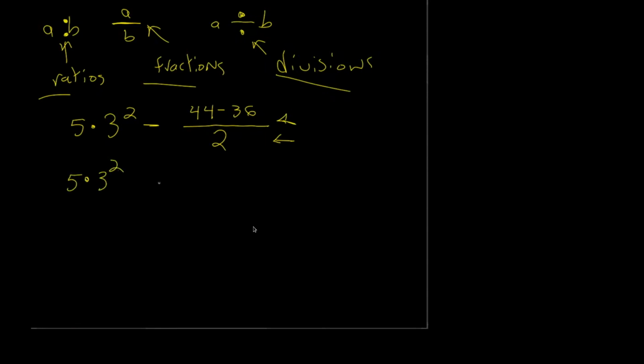So really, we have parentheses on the top and parentheses on the bottom. This top we have to treat as a thing. And that's the nature of using a fraction bar as division. And that pops up a lot.